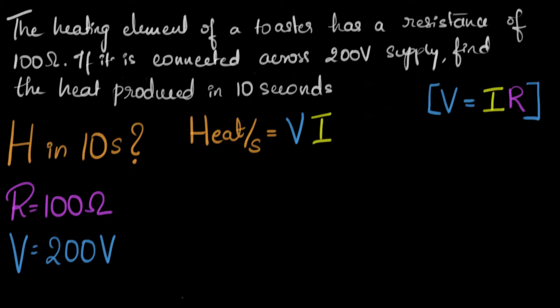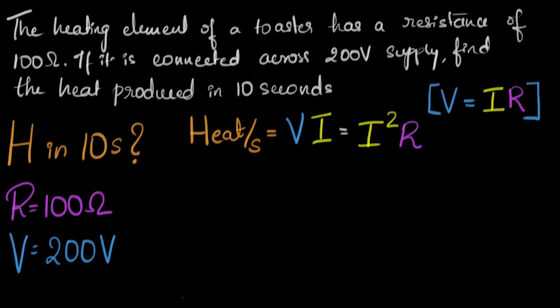So let's do that. If we substitute Ohm's law in our formula, there are two things we can do. One, we can substitute V as IR. If you substitute IR over here, we'll get I squared times R. So that's another formula for us.